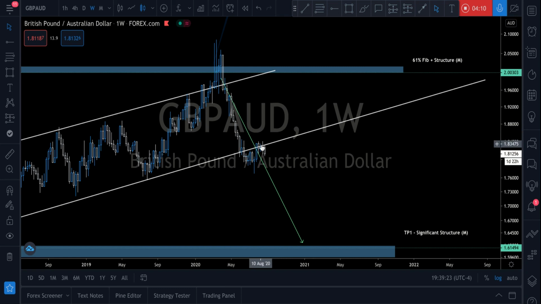However, because we are testing this area as resistance now, confirming that several times with some candles already on the weekly time frame, we could potentially see a push downward. Just because it broke through on the weekly, which is a significant time frame, doesn't necessarily mean it is going to drop. As you can see right here, not only did we break above this trend line, but we also broke above critical areas of structure.